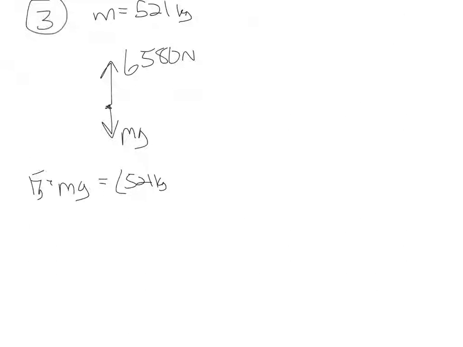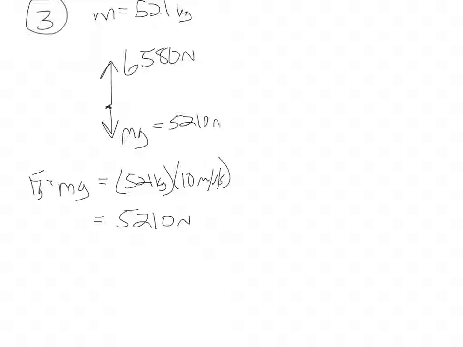I'm going to use acceleration due to gravity of 10 meters per second squared, just to make things easier on ourselves right now. So 5,210 newtons. All right, and luckily I drew that proportionally well, because that is actually less than the tension pulling on it. So if that's my weight, that's my mg, I'll throw that in my diagram, 5,210 newtons. So got my free body diagram.